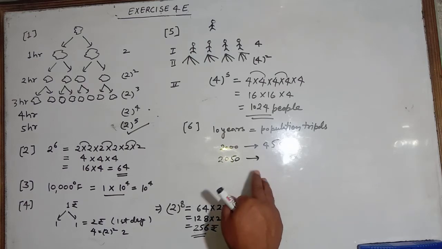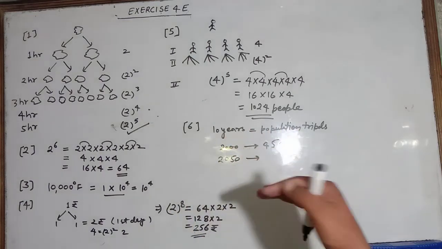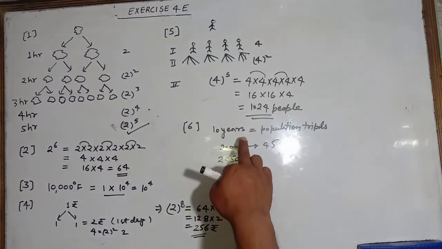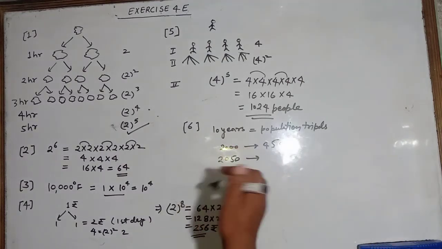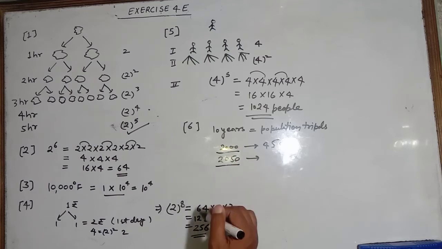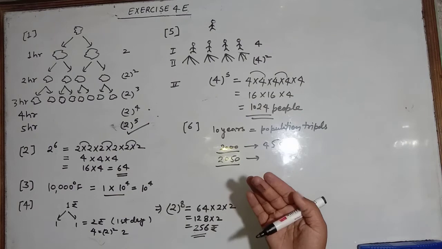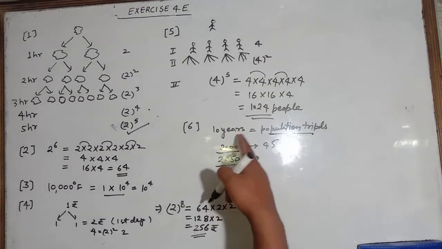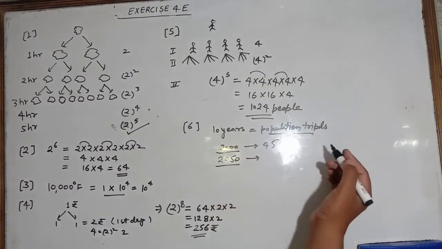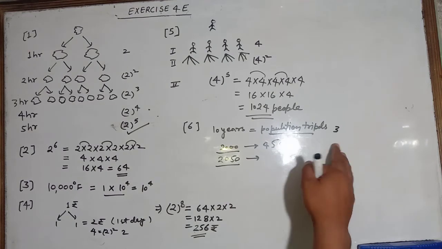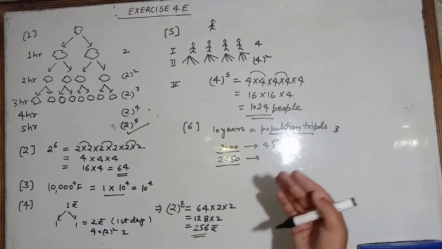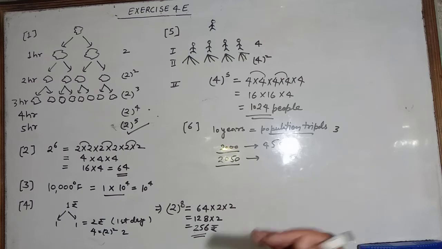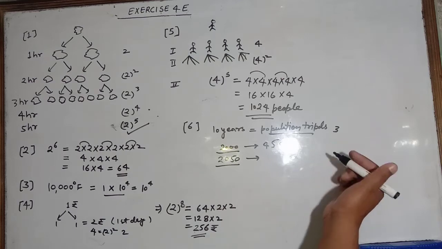We know that in 10 years the population gets tripled. So how many decades will be there from 2000 to 2050? 10, 20, 30, 40, 50, means 5 decades. In 10 years the population triples, means in the first 10 years it will be 3, for the second it will be 3 to the power 2, for the third it will be 3 to the power 3, like this.